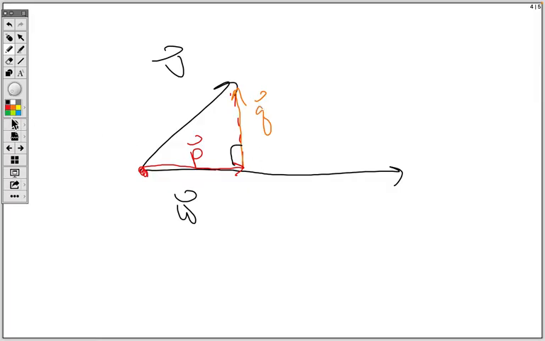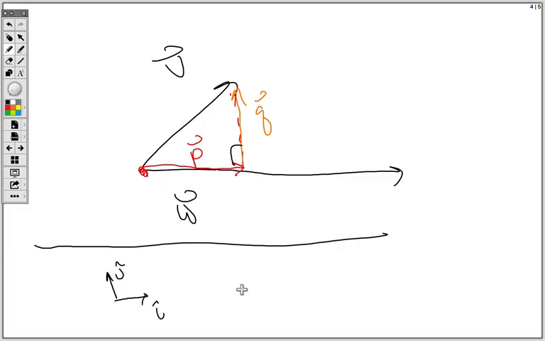Okay? This is very much like the decomposition we had with I and J. If you remember I and J, right, we had V was V1 I hat plus V2 J hat. This is basically saying we can create our own little I's and J's no matter where we are in space. We don't need to be sort of tethered to the origin there. We can kind of break things up.